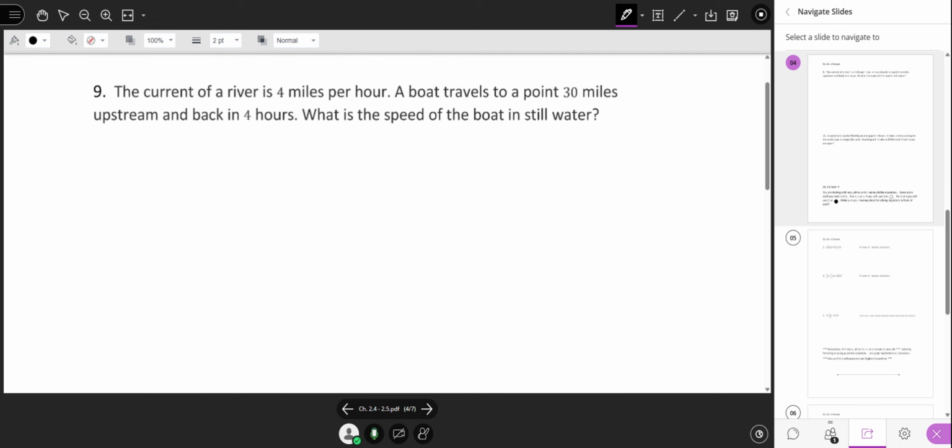Now, the very first time I taught this, I had taught this type of problem so many times, but I had never taught it like this. And I had never expected it to be taught like this.